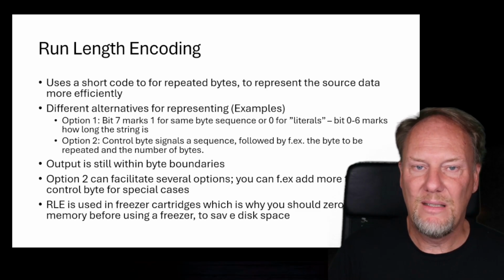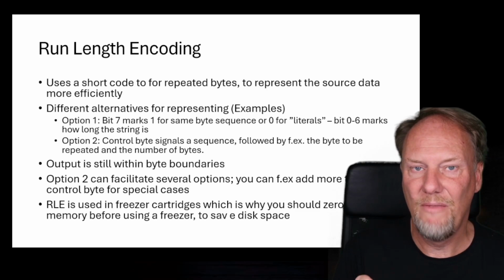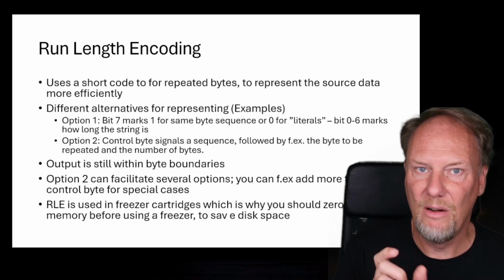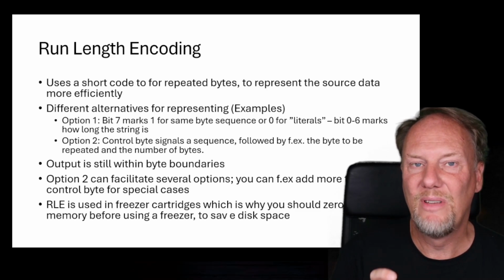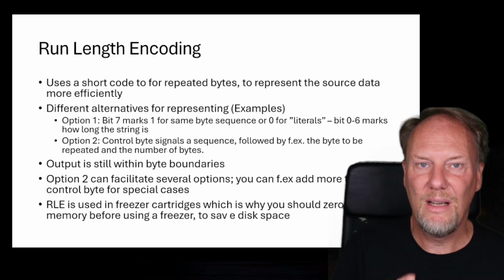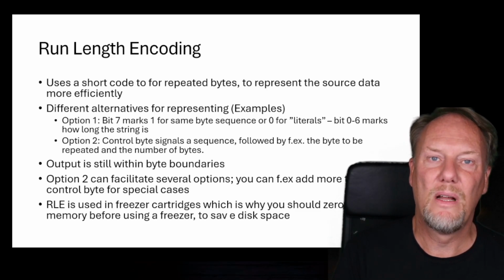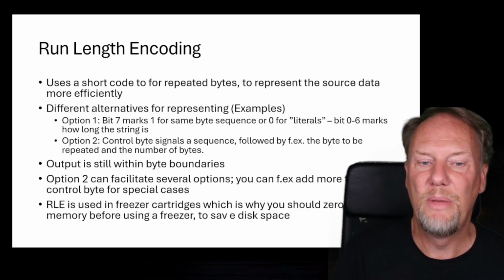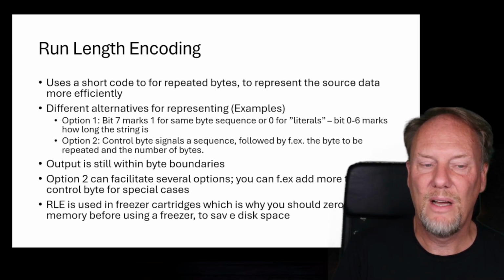But that leaves bits 0 to 6, so the lowest 7 bits of that parameter byte available, and that could be representing the length. So bit 7 represents literal, or that it's supposed to be a repeated byte, and then the lowest bits represent the length of that.